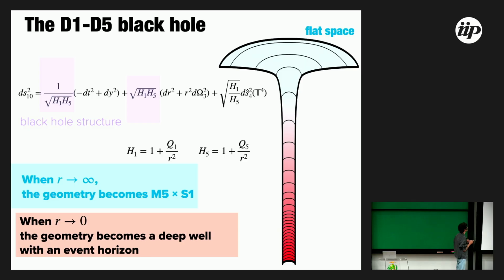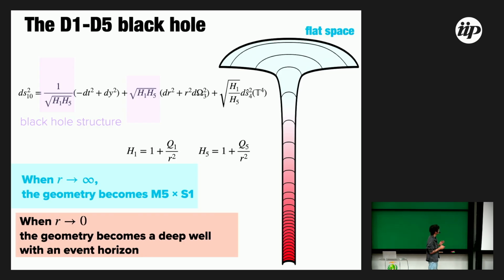For this particular system, the singularity is here at R equal to 0. If you add momentum, you have an event horizon that does not overlap with the singularity, so putting momentum is useful, and I'll do it later.